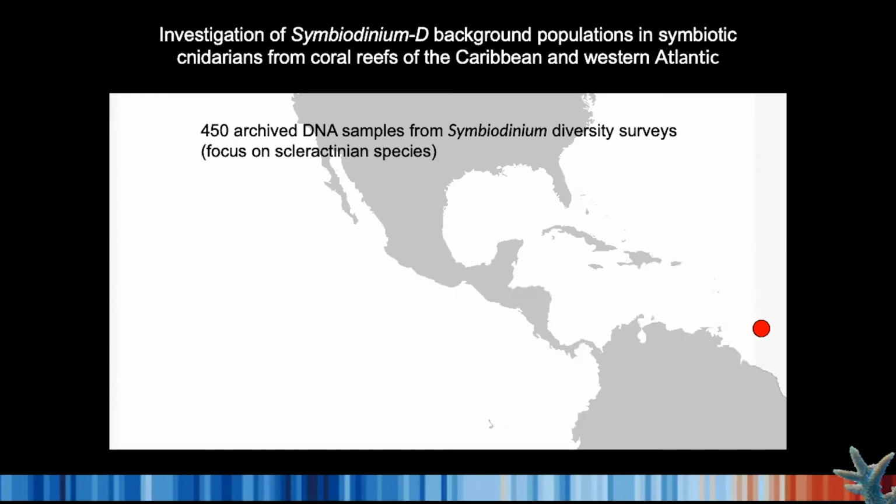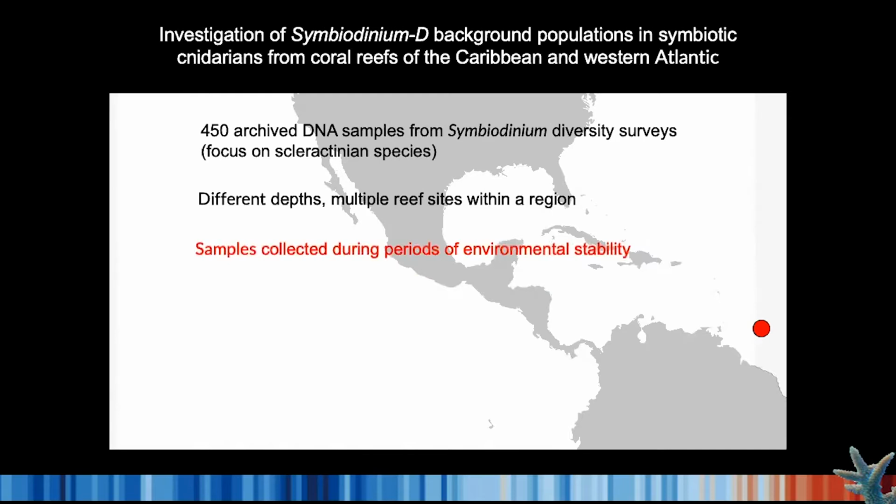So I took a lot of those samples from the Caribbean, different depths, multiple reefs, and I started analyzing with both denaturing gradient and real-time PCR. Now, most of these samples, when he would go to a reef, it wasn't in response to a bleaching event. It was just during normal times to see what the natural populations had.